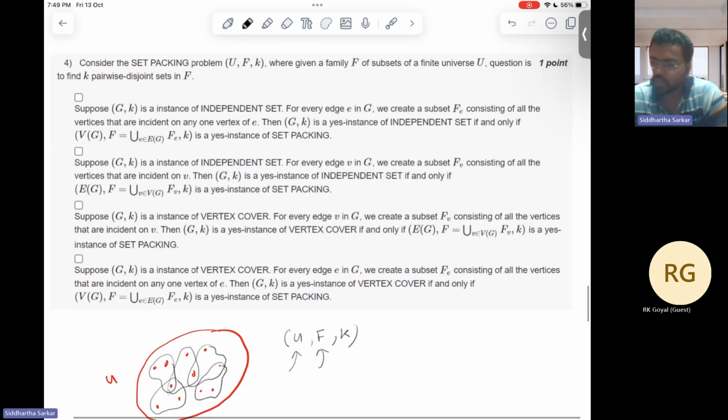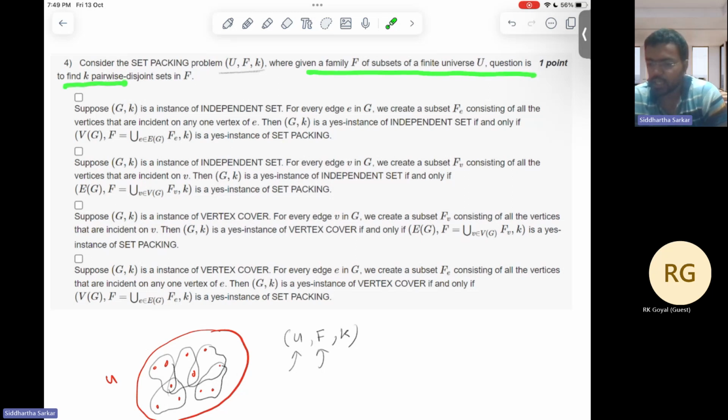So the set packing problem (U, F, k) is such that we have a family F of subsets of the finite universe U, and the question is to find k pairwise disjoint sets in F. So for example, here this set and this set are pairwise disjoint. There are no common elements.